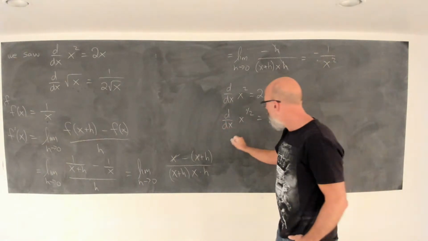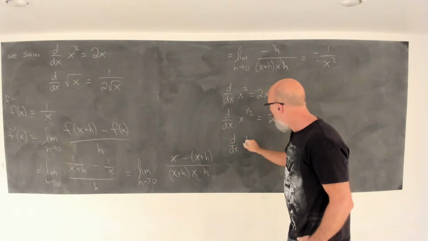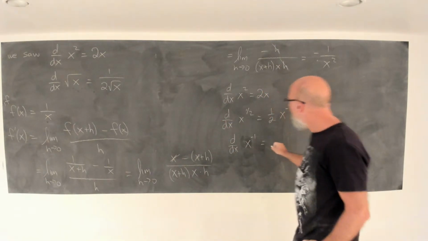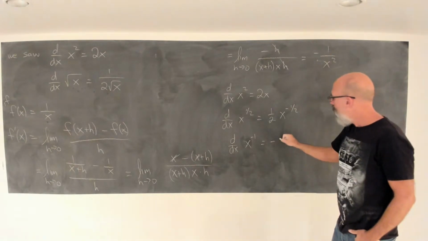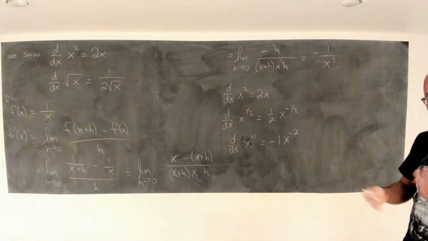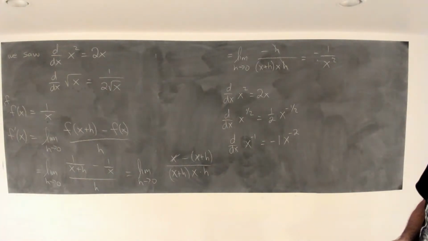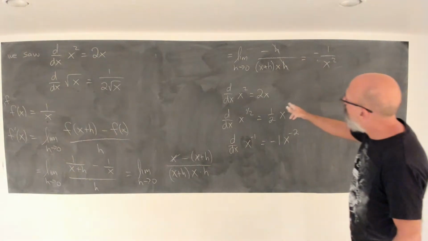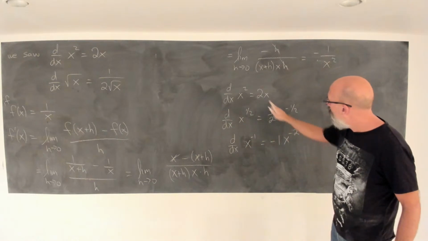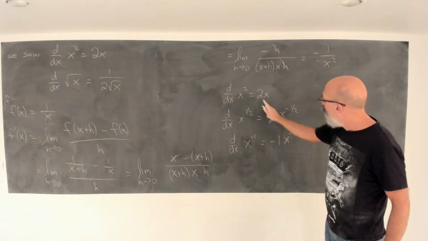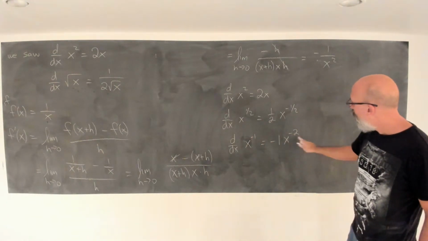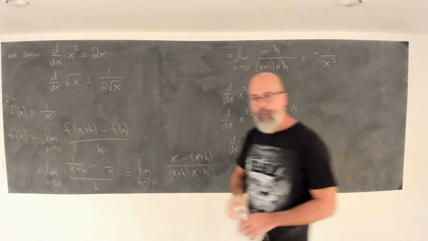The derivative of x to the minus 1 is minus 1 x to the minus 2. I'm trying to see a pattern arising here, and I think we see it, right? If you have x to some power, you bring the power down and you subtract 1 from the power.